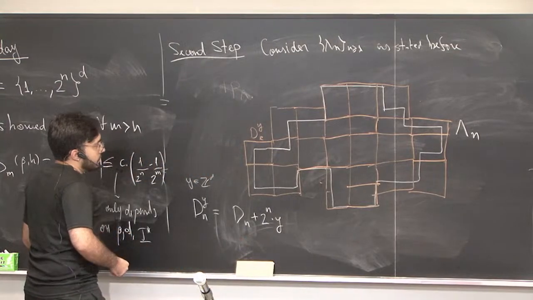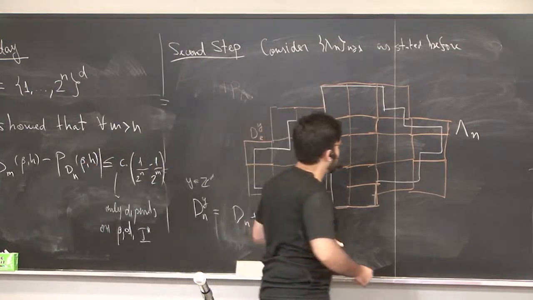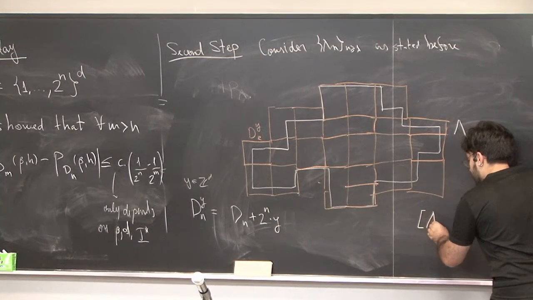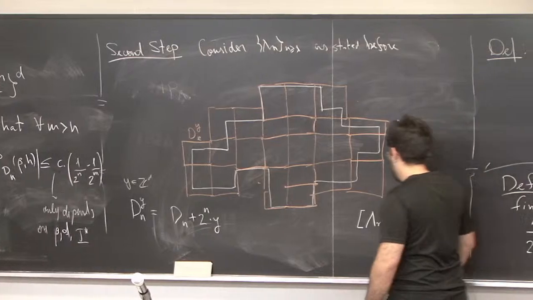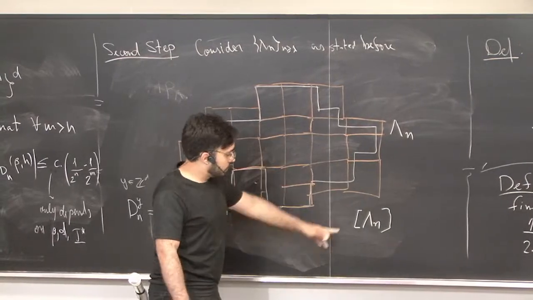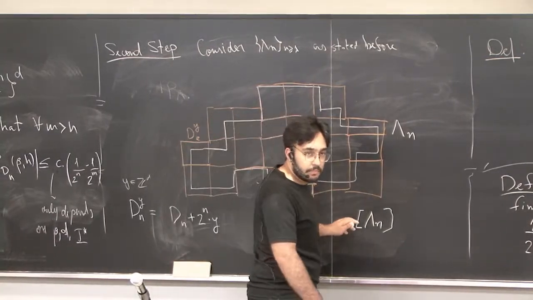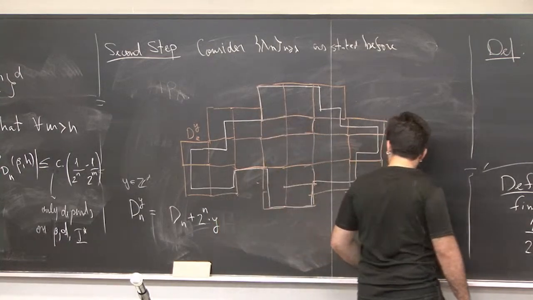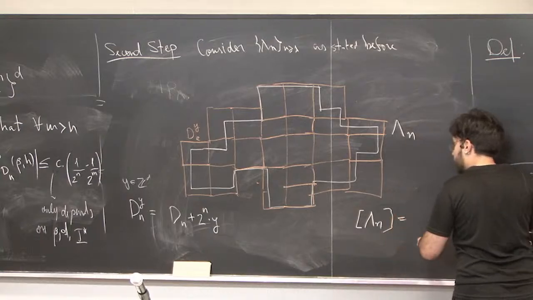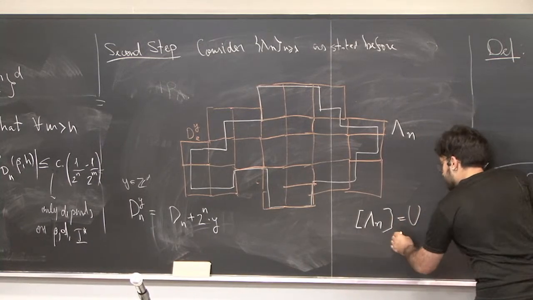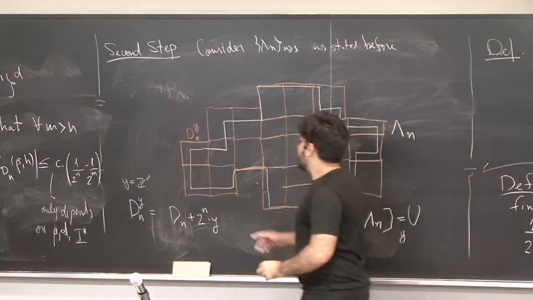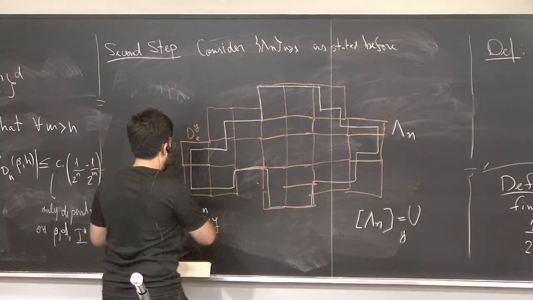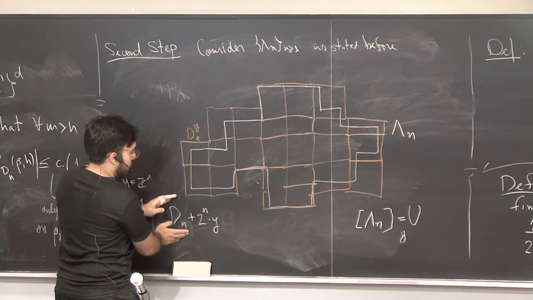And we will consider the set lambda n, the bracket n, as equal to the union. As I told you, every single one of these cubes is a translation of this initial cube.